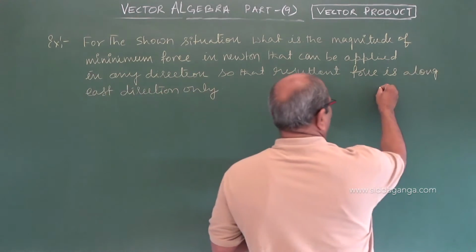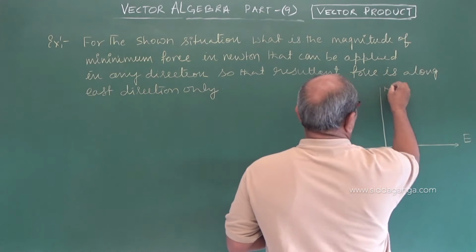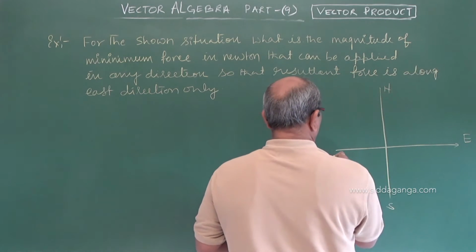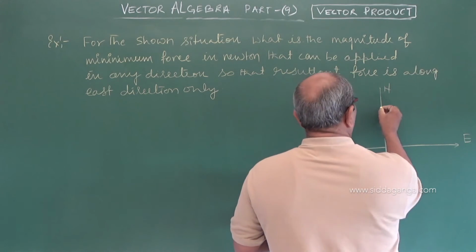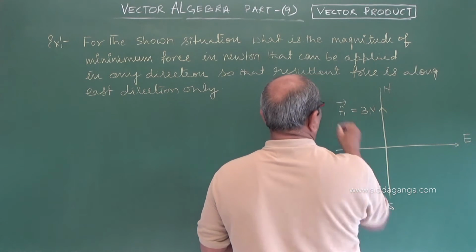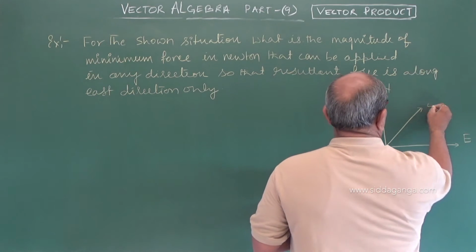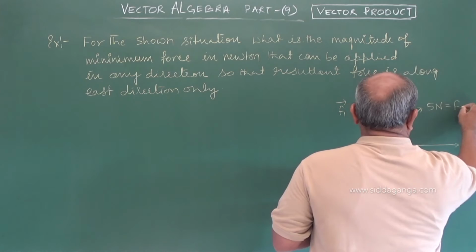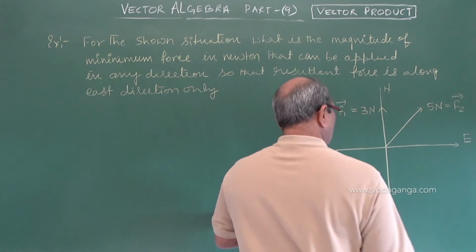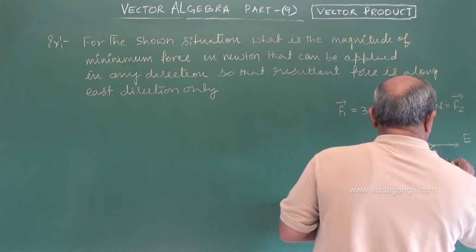So they gave the figure here like this. This is the east, and north, south and west can be taken. One force here is 3 Newton, maybe F1, another is 5 Newton, F2, and F3 is 4 Newton.